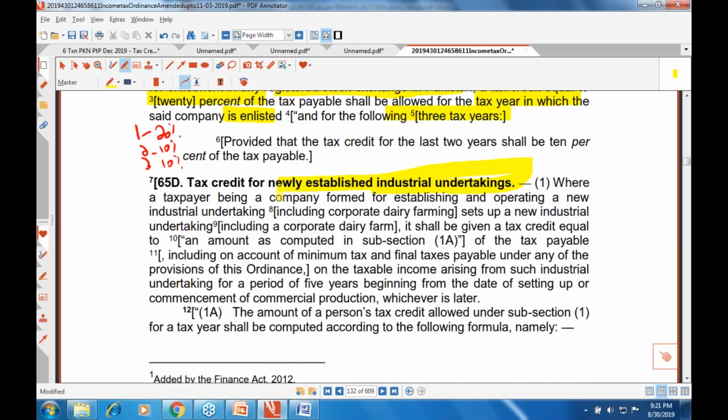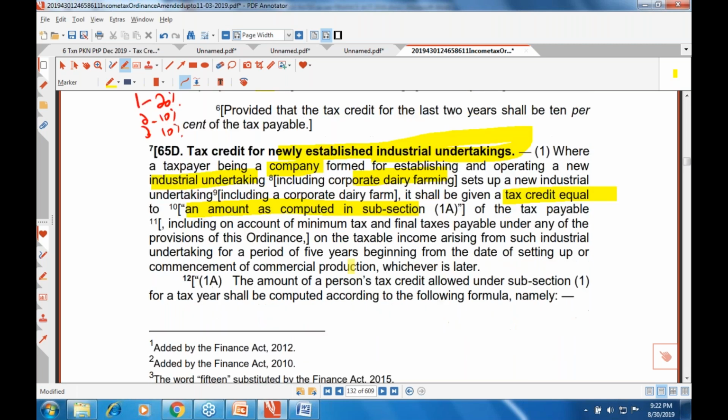It talks about where a taxpayer being a company, and the important thing is that it is a company, is formed for establishing and operating a new industrial undertaking, including a corporate dairy farm. It shall be given a tax credit equal to an amount as computed in subsection 1A.